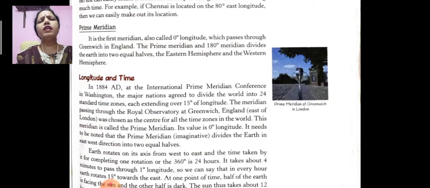So, longitudes and time. In 1884 AD, at the International Prime Meridian Conference in Washington, the major nations agreed to divide the world into 24 standard time zones, each extending over 15 degrees of longitude.